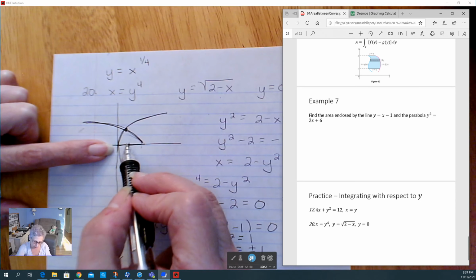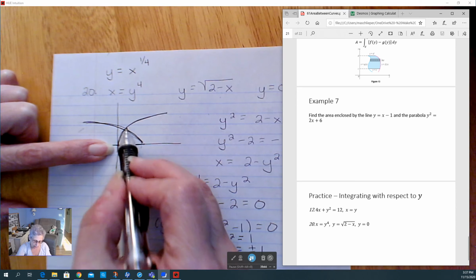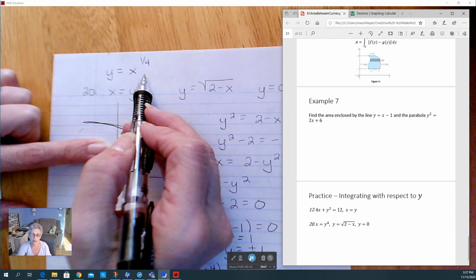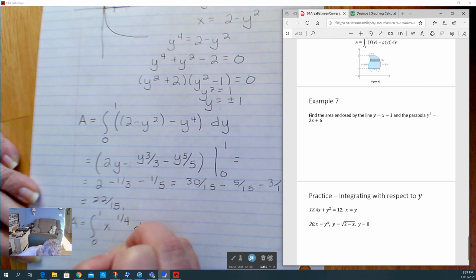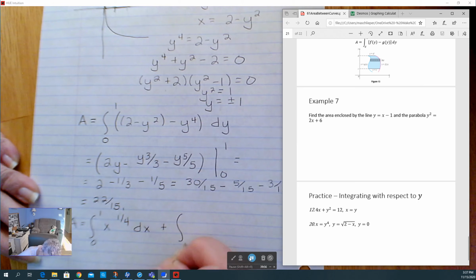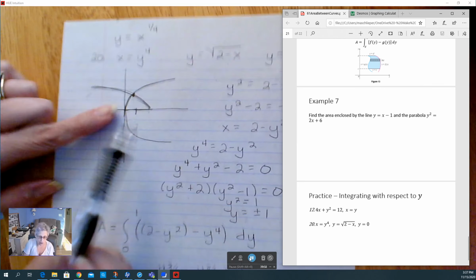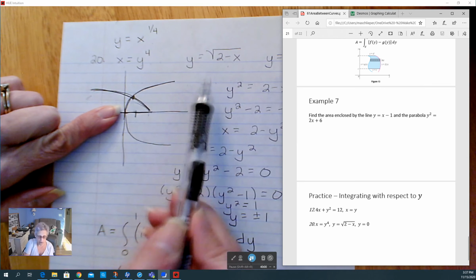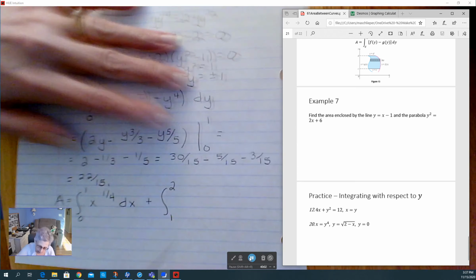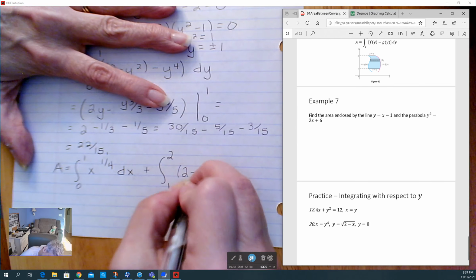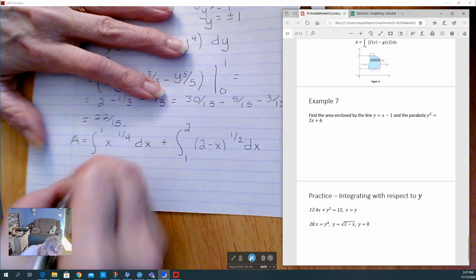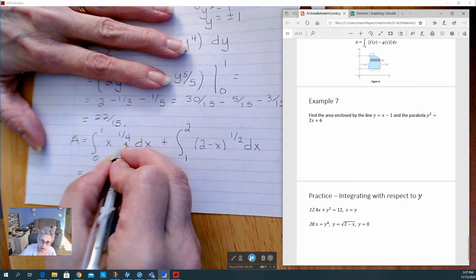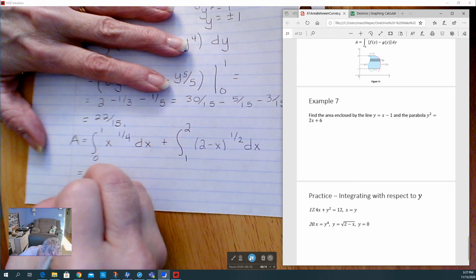From 0 to 1, I'm looking at the area underneath x to the 1/4 power. From 1 to 2, I'm looking at the area underneath square root of 2 minus x. Add 1 to the exponent, divide by the new exponent.